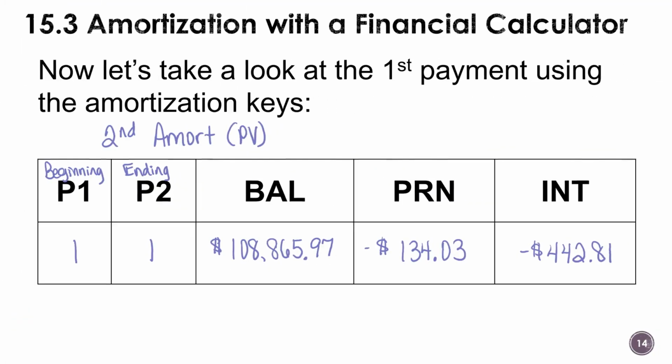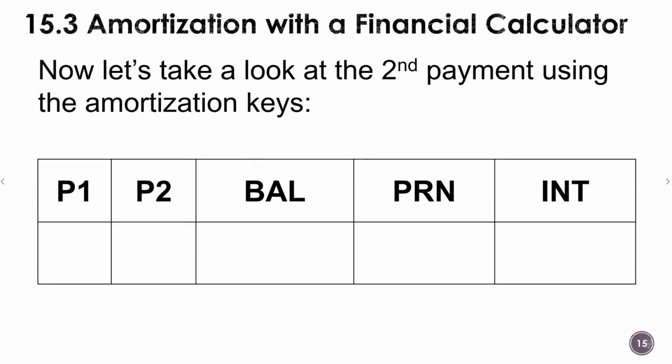Now we're going to look at payment number 2. For payment number 2, our beginning payment will be 2 and our ending payment will be 2. This is how you look at just one payment. So when you enter these numbers, make sure you push your enter key, the word enter, and then you should be able to scroll down to find your balance of 108,731.40, right?